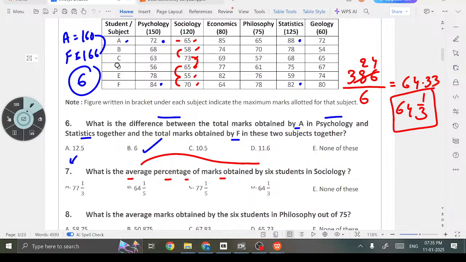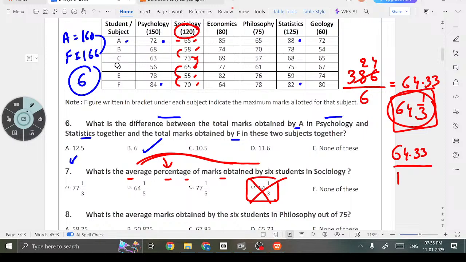Now here, this option is there, but this is the wrong option, because they did not ask what is the average of the 6 students. They asked what is the average percentage of the 6 students. This is the average of the 6 students: they got 64.33 average out of 120, so out of 120 into 100.